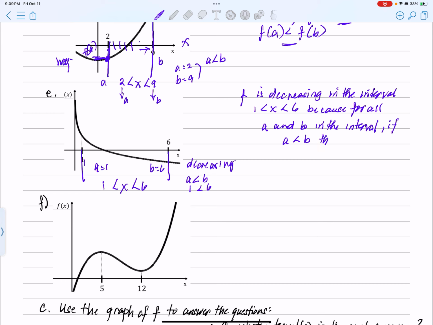Then, what can you say about the function? I put it there: function of A, function of B. I leave that space. Our A, 1, hits the graph. This is our function of A on the y-axis.